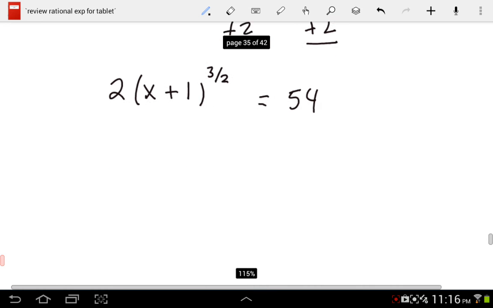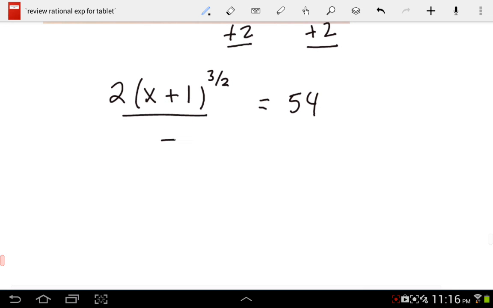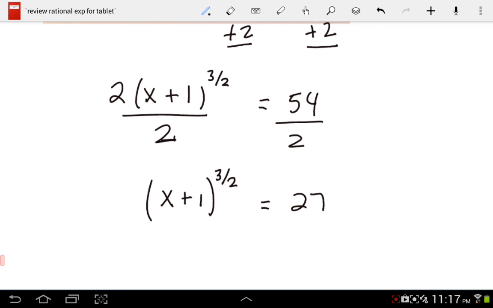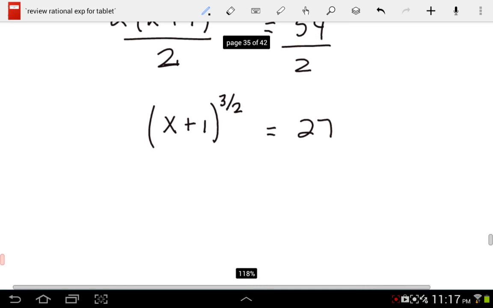Okay, now let's get rid of this 2. So that'll be 27.